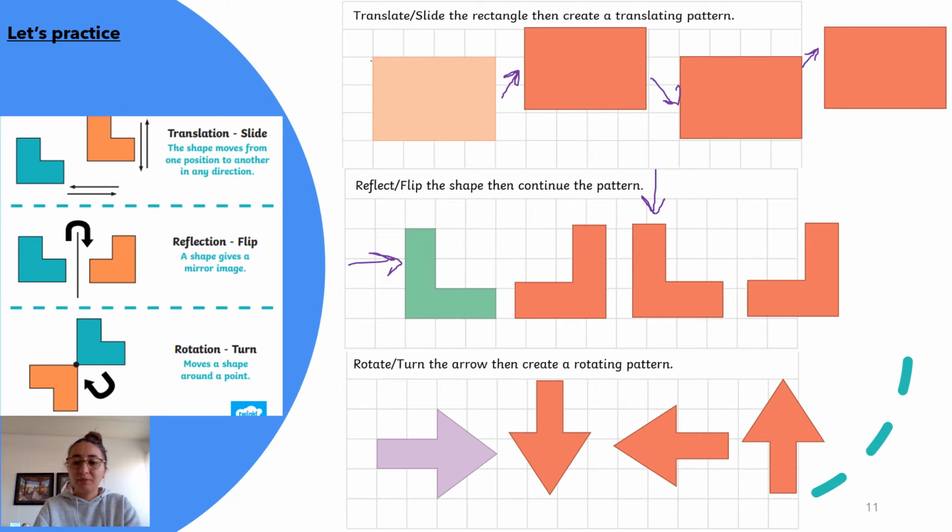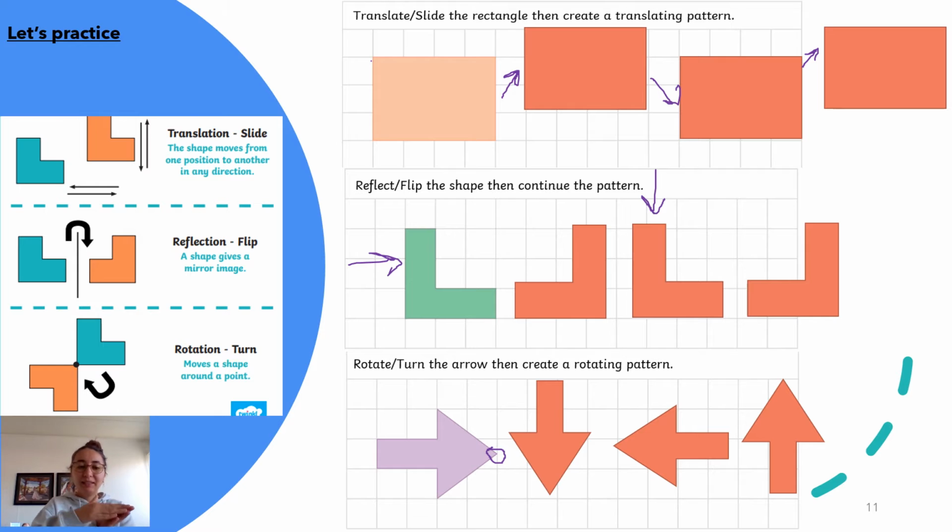Then the last shape we've got is our arrow. So we're rotating and turning the arrow to create a rotating pattern. What's really important is that the shape moves from a point. So I want you to really focus on just the tip of your arrow.